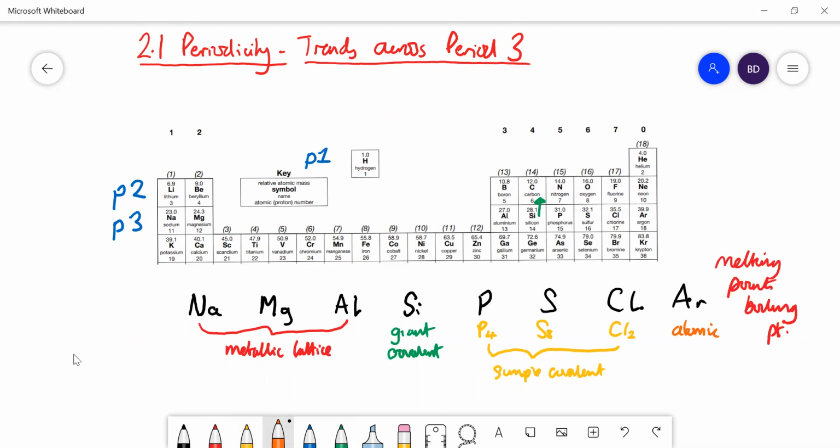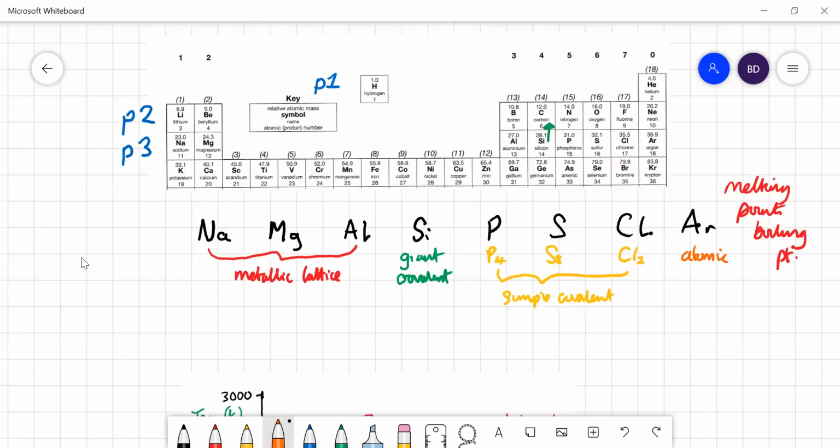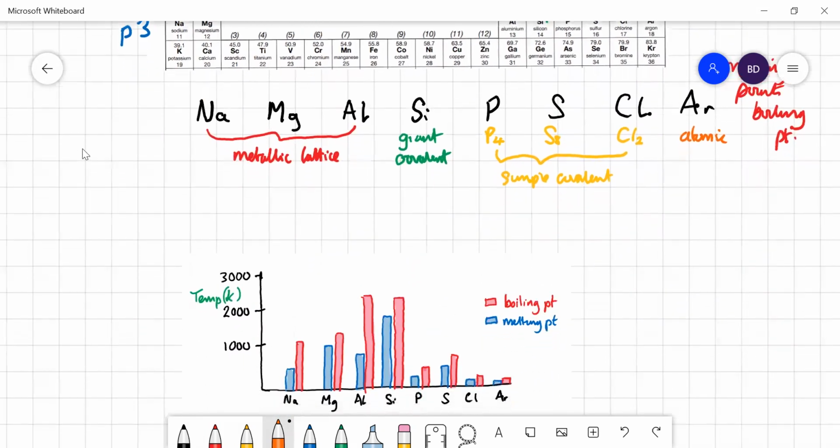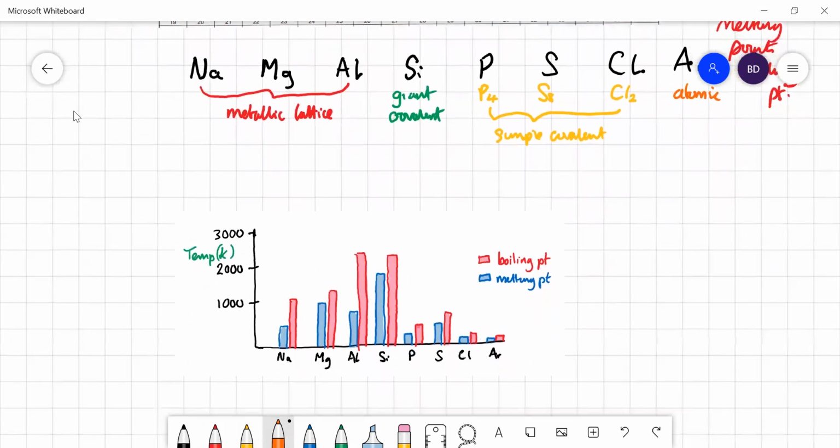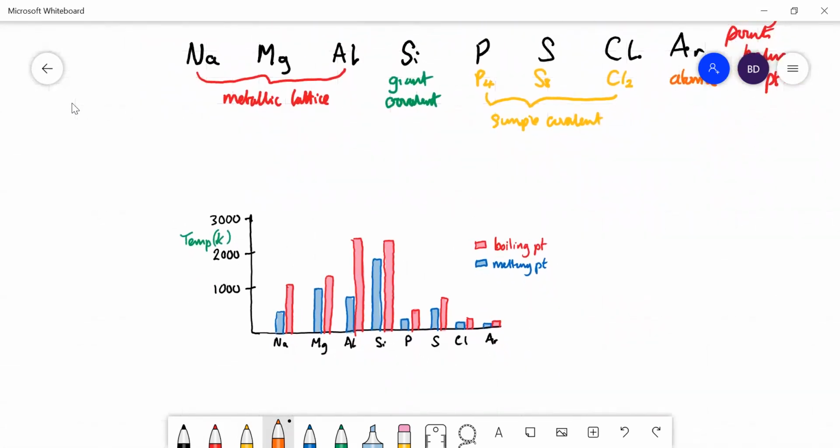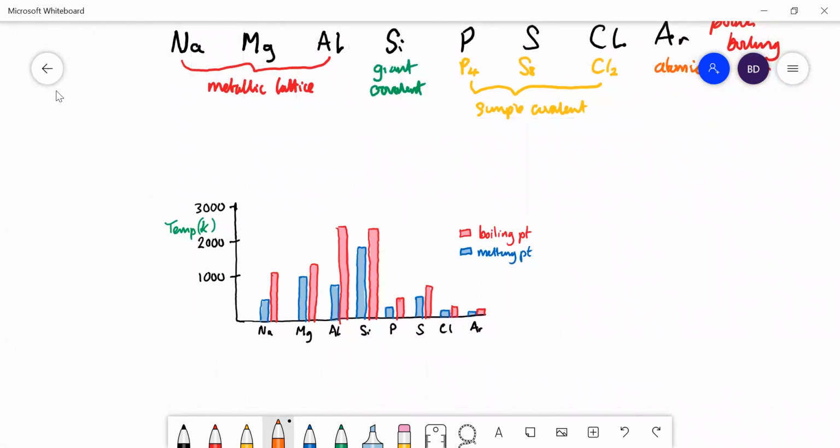So let's have a closer look now at the melting points and the boiling points of those elements. We can see here the metallic elements, sodium, magnesium, aluminium, with reasonably high melting points, but sodium's is quite low for a metal.